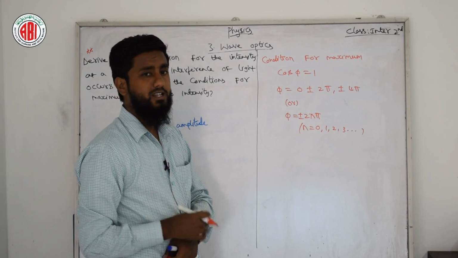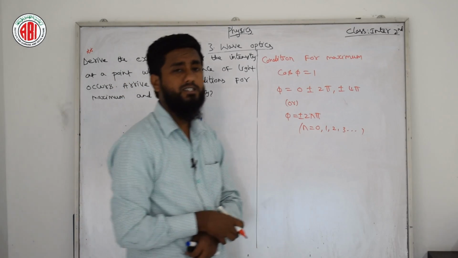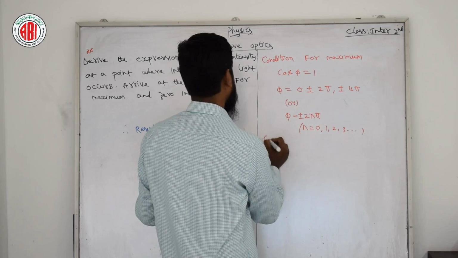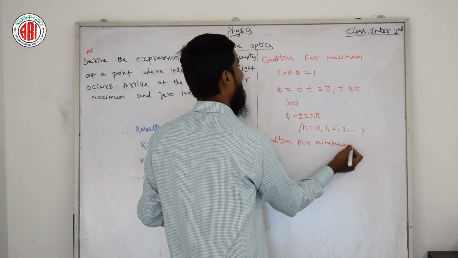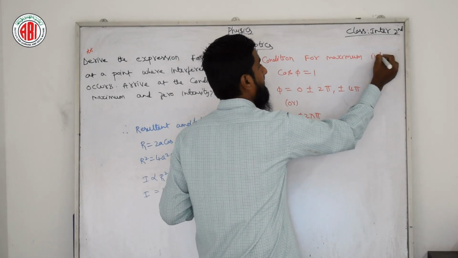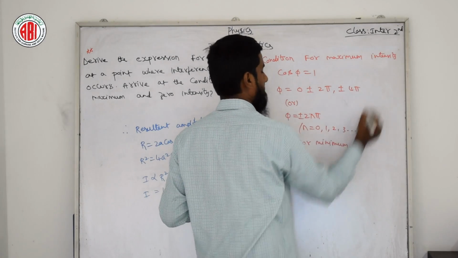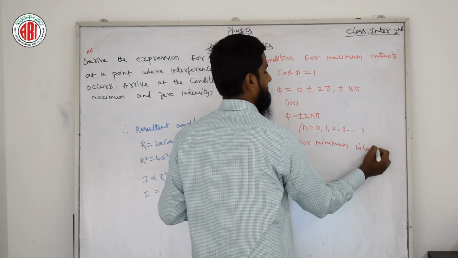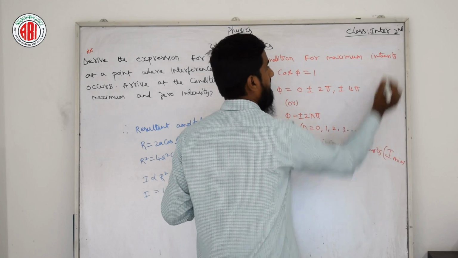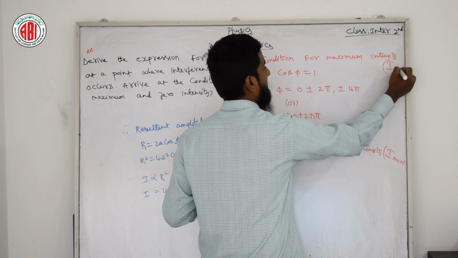Similarly for the condition for minimum intensity, what are minimum and maximum, students? Here minimum is intensity I min, and here we have I max.